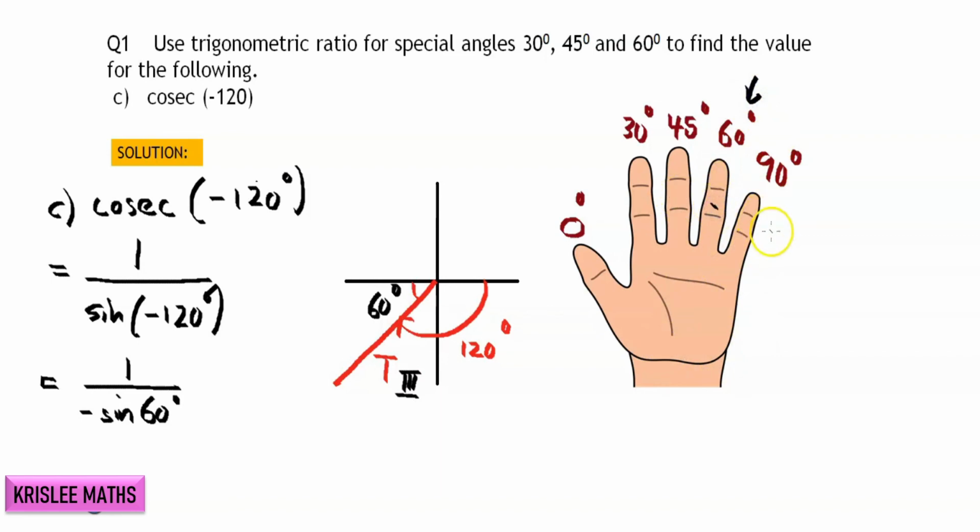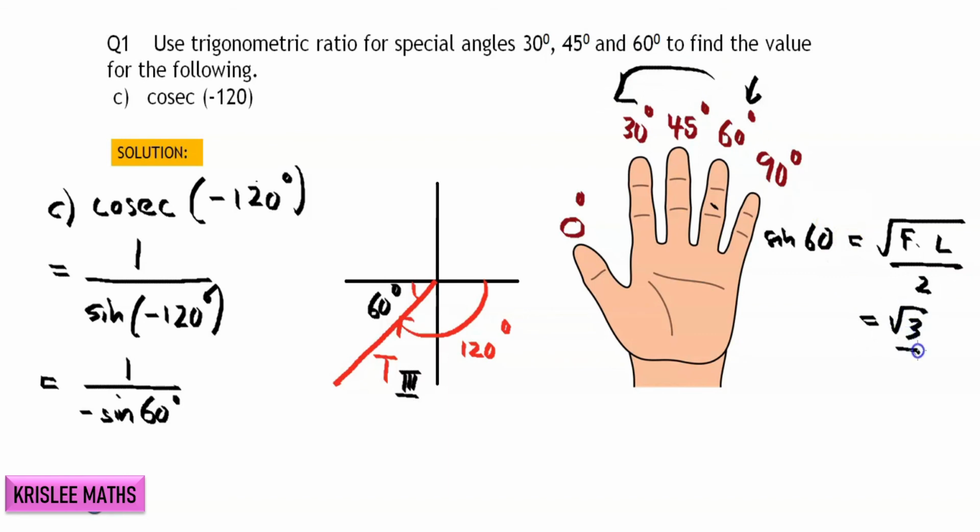For sine 60 degrees, the formula will be square root of fingers on the left over 2. Fingers on the left, here total we have 3 fingers, therefore it is square root of 3 over 2. So sine 60 is square root of 3 over 2.